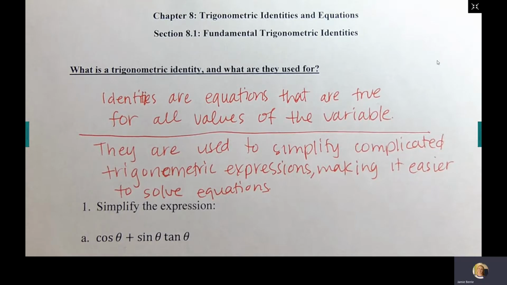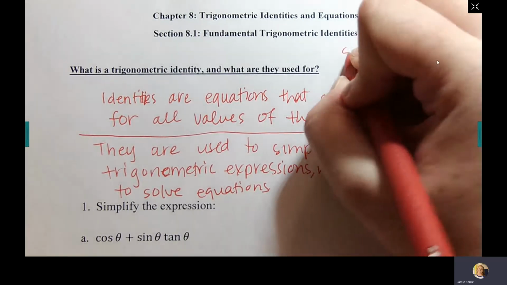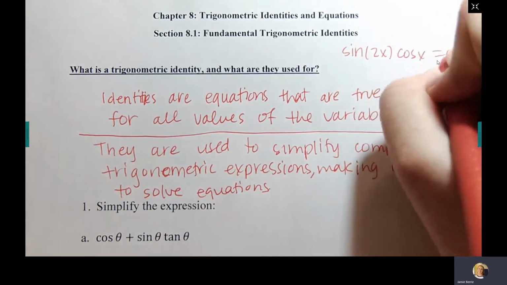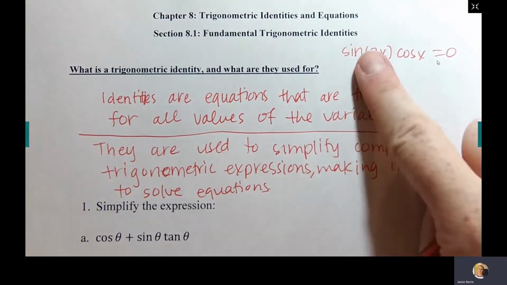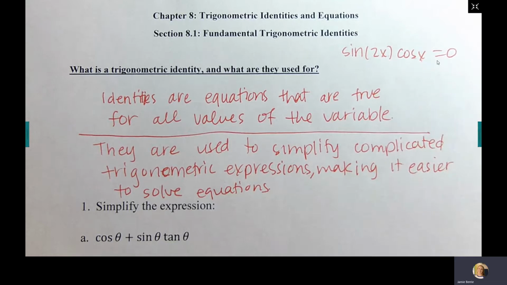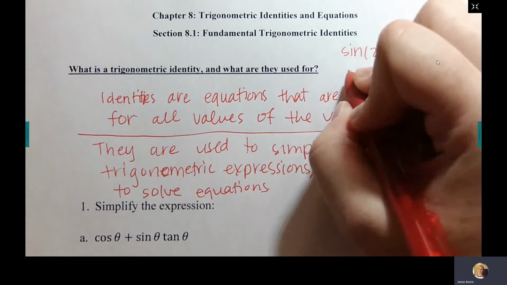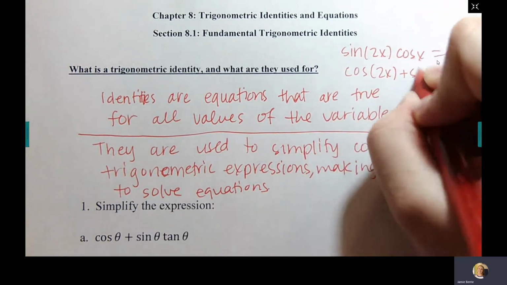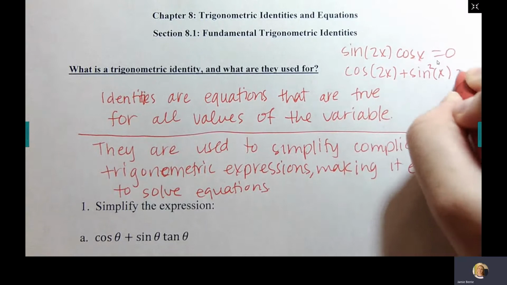But it's easier to solve an equation like this, for example. It's easier to solve an equation like this than it is to solve an equation that's made up of addition and subtraction. So maybe if you have something like cosine of 2x plus sine squared x equals 0.